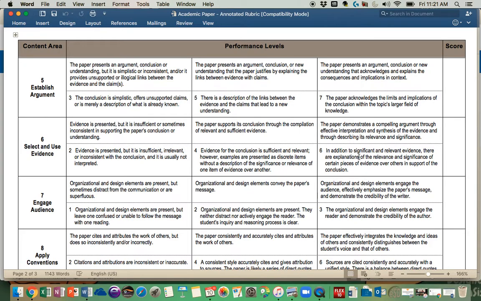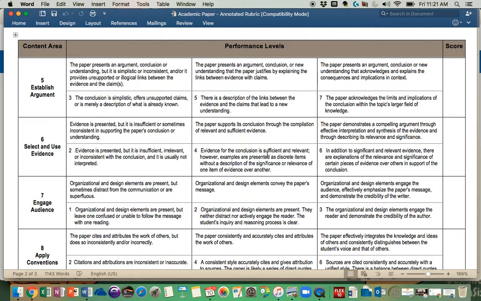Okay, so in addition to significant and relevant evidence, there are explanations of the relevance and significance of certain pieces of evidence that you collected over others in support of your conclusion. That's really important. Okay, so that's what we're shooting for here. And if you look at the 5 papers that I put up for you, you're going to see that. Okay, they're explaining the relevance and significance of the evidence in context.